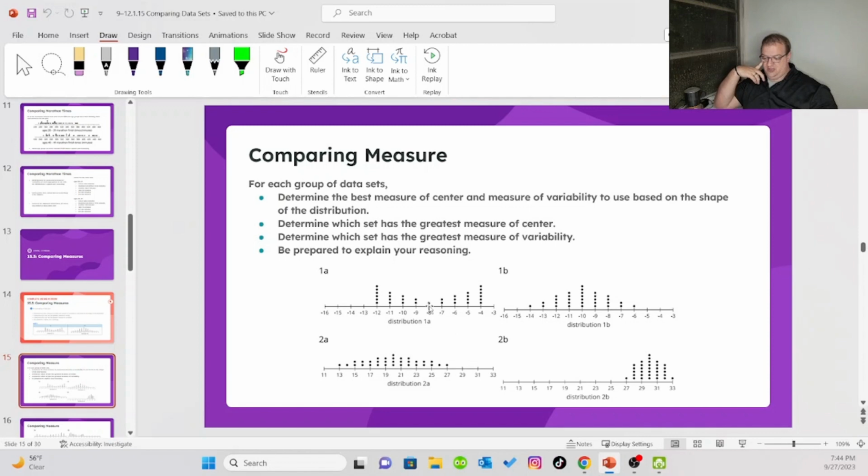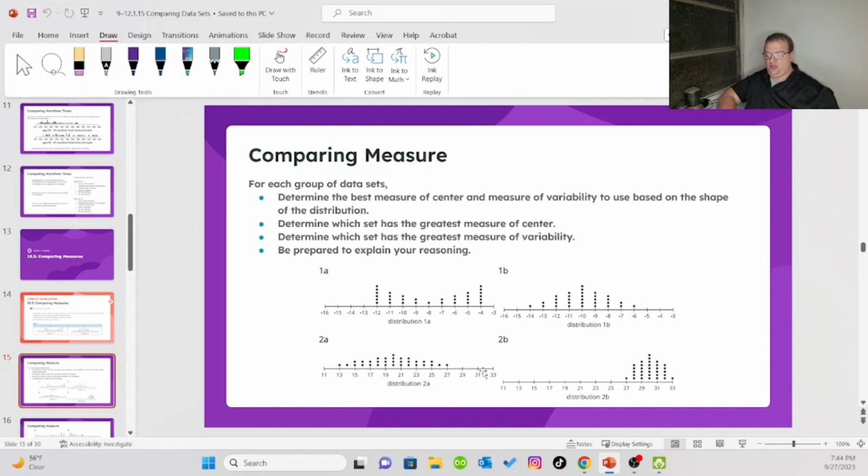If you notice, the center here is at 8. The center here is at -10. And the standard deviation for distribution 1A is also greater because we have very few in the middle and most of our points out on the edges. But in B, we have most of our points in the center and very few of our points out at the edges. So 1A is going to have the greater measure of center and the greater measure of variability.